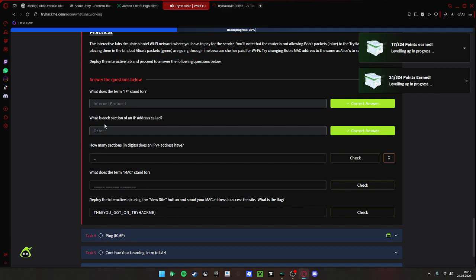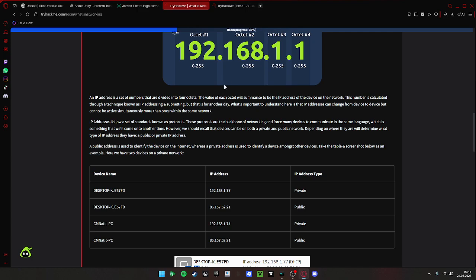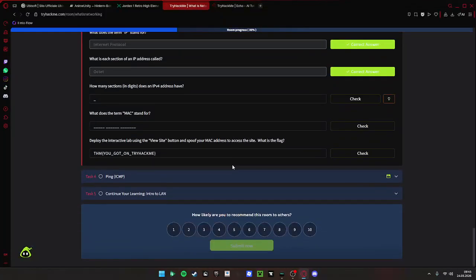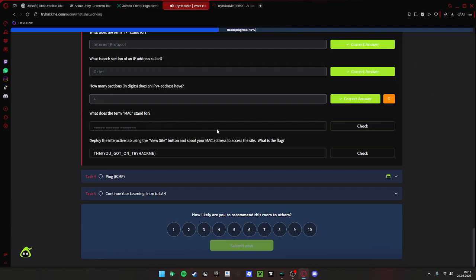That's right. How many sections, or digits, does an IPv4 address have? We can see it's 4, but let me show you: 1, 2, 3, 4. So we put 4 and check. That's right.